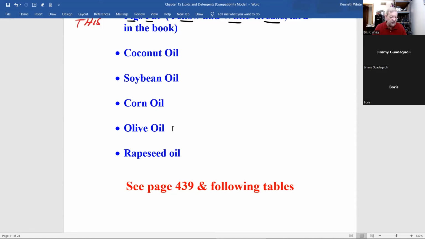And this won't be on the test, but the great idea was, we're in Canada, we're selling oil, and Americans are not going to buy it when it's labeled rapeseed oil. Let's call it Canada Oil, canola oil. And if you go to any supermarket around here, at least where I live, you can buy canola oil, and that's made from rapeseed. Everywhere else in the world, it's called rapeseed oil, but American housewives and their husbands wouldn't buy it until it was renamed canola oil. And it's good stuff.